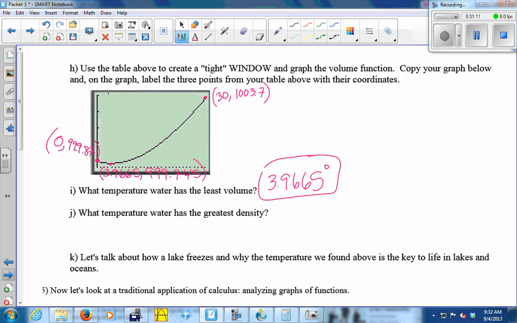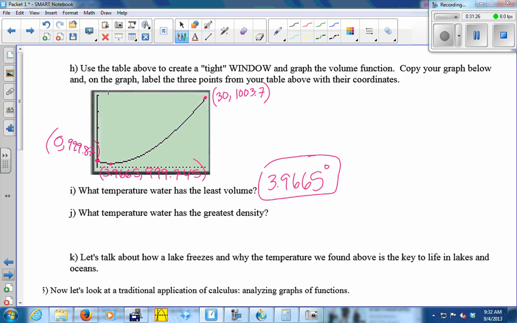So what temperature water has the greatest density? 3.9665, because you have the most amount of water in the smallest amount of space.